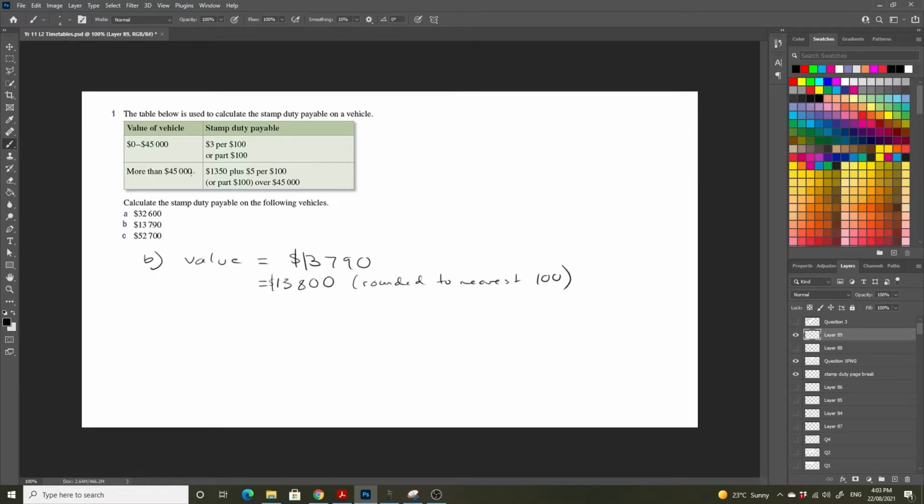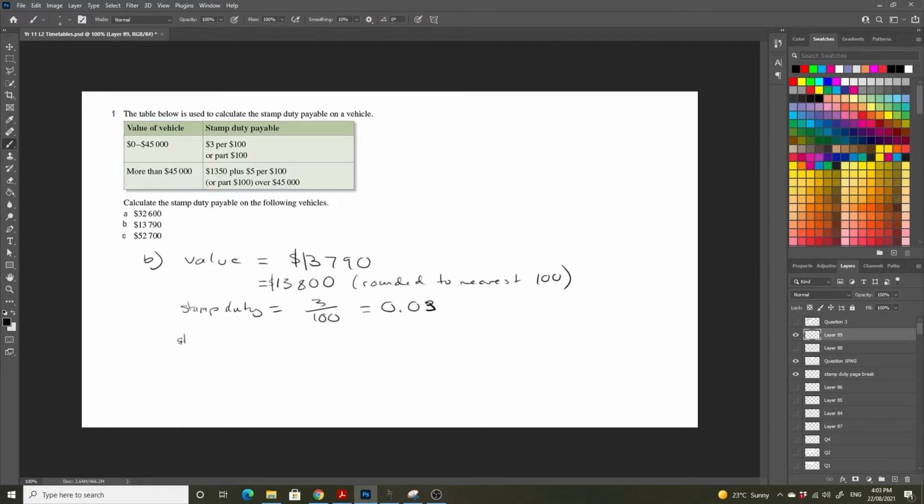It's still in that first bracket of being less than or equal to $45,000, so our stamp duty is still 3 over 100, or 0.03.